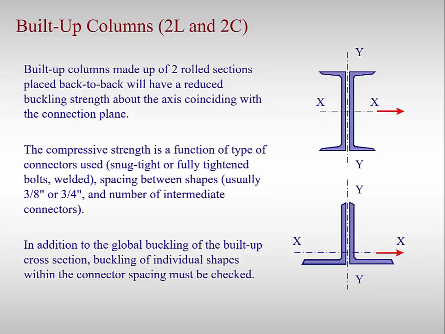It is important to note that buckling about the other axis, say the x-axis, is unaffected by connectors and will simply be double the buckling capacity of one of the shapes. Also note that in addition to the reduced stiffness, you may have to consider local buckling effects. Also, the buckling about the y-axis for double angles can involve flexural torsional buckling. It's a lot of work to do the calculations.